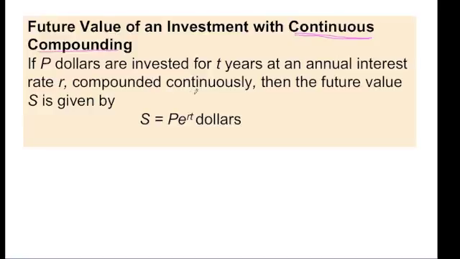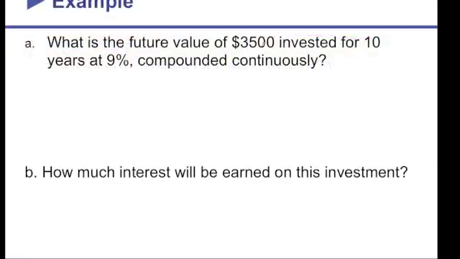This is continuous compounding. Find the value of $3,500 invested for 10 years at 9% interest, compounded continuously. We're using S equals P times e to the RT. So the future value will be $3,500 times e raised to the 0.09 times 10.